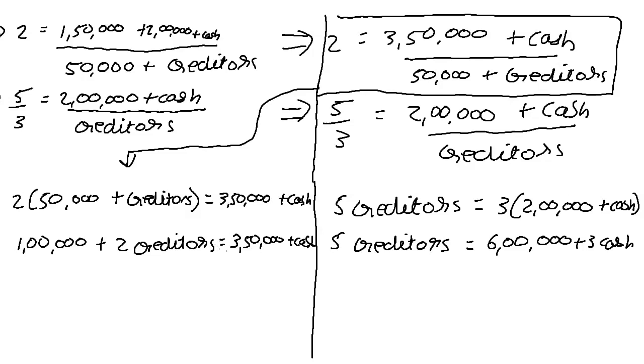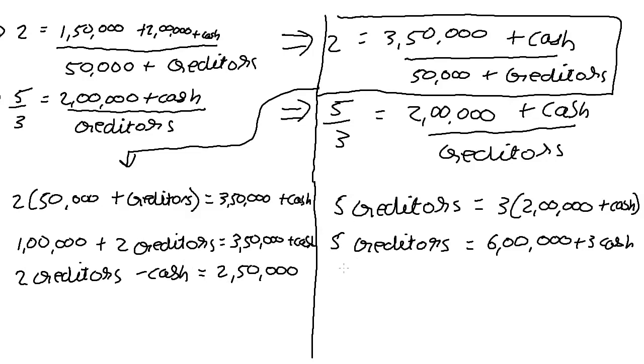So we have 2 times creditors minus cash is equal to 3,50,000 minus 1 lakh. So I'm going to directly write 2,50,000.